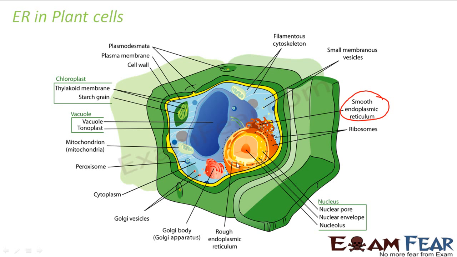It is somewhere here, where you see these dotted structures. This is rough endoplasmic reticulum, and outside the rough endoplasmic reticulum somewhere you have the smooth endoplasmic reticulum. So endoplasmic reticulum is located nearby the nucleus. It is not far away from the nucleus.